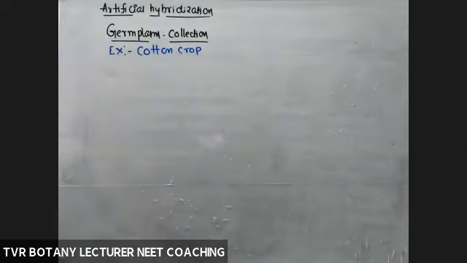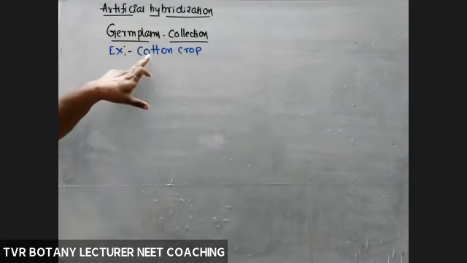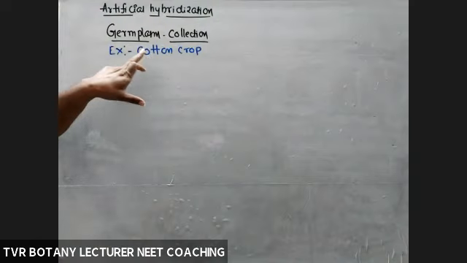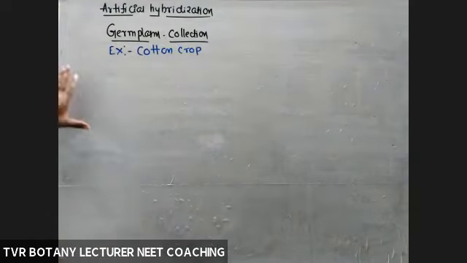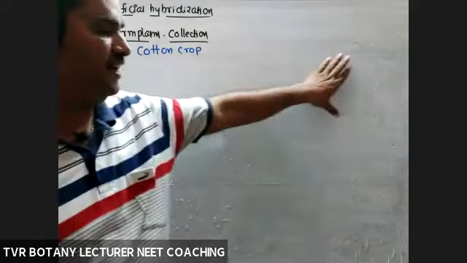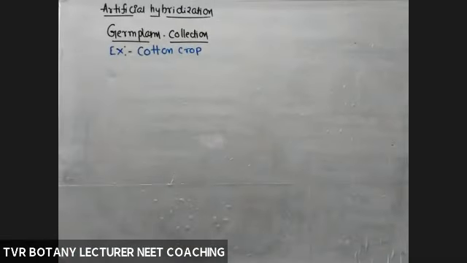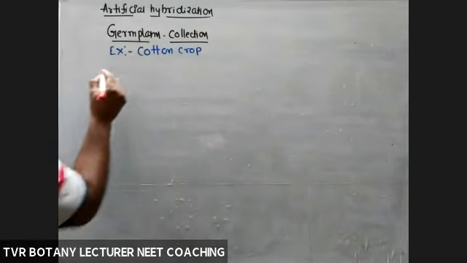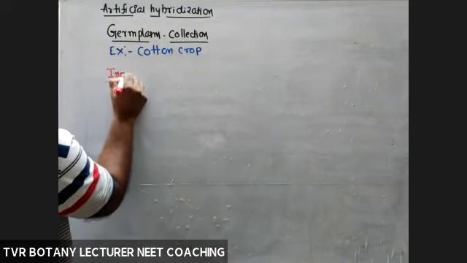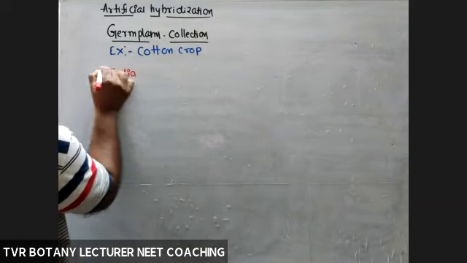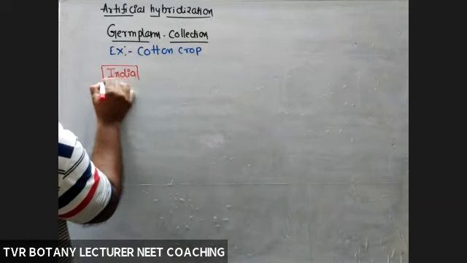Okay. So before starting artificial hybridization, we have to check all the relatives, wild varieties of the concerned cotton crop. And what are the countries where we are cultivating cotton? For example, in our country, India. So we are cultivating cotton in India. Like that, a certain number of countries.